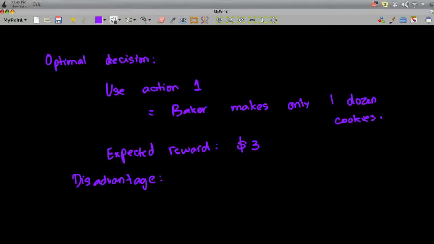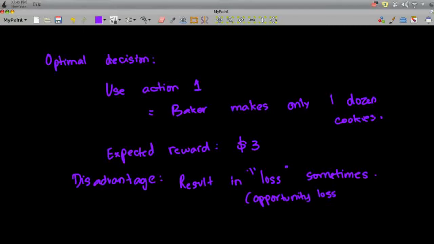So although the optimal decision is 1, it would actually result in loss sometimes, and when I say loss, I mean opportunity loss. In other words, you'd miss out on something for which you could have been prepared, but you did not prepare yourself because you wanted to be on the safe side.